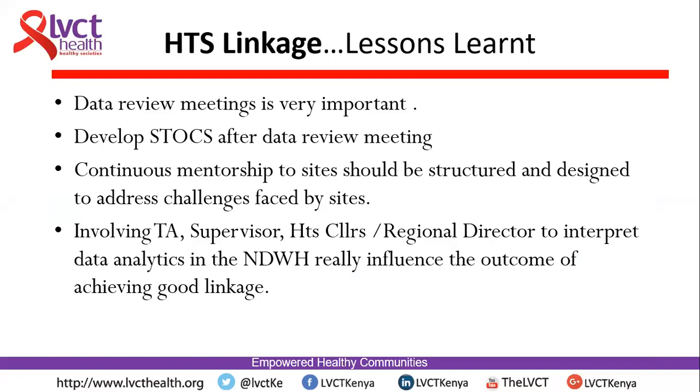And also we realized that developing a tool for these sites, just to track some indicators, will be very important for them also to learn and document any challenges that they have. And from there, we can advise and maybe get feedback from the system.